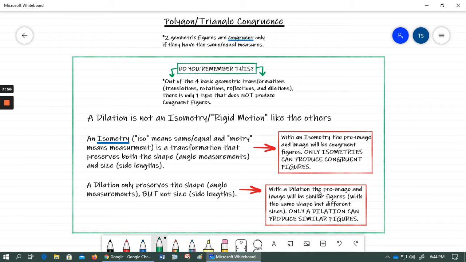We'll talk some about similar figures after we finish our discussions about congruence and triangle congruence. But that's our little walk down memory lane where we discussed congruence before, and that was the first place, if I'm not mistaken, in this class that we discussed congruence, when we were talking about transformations.